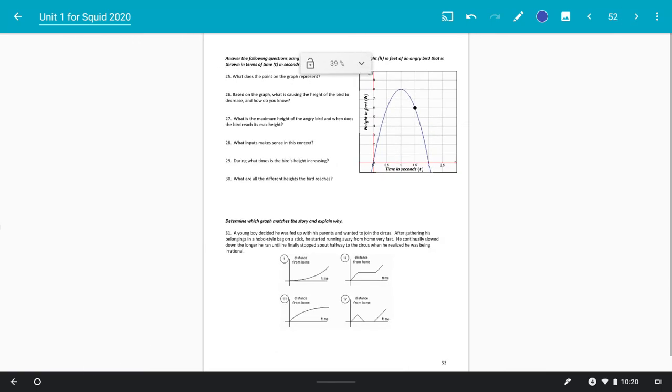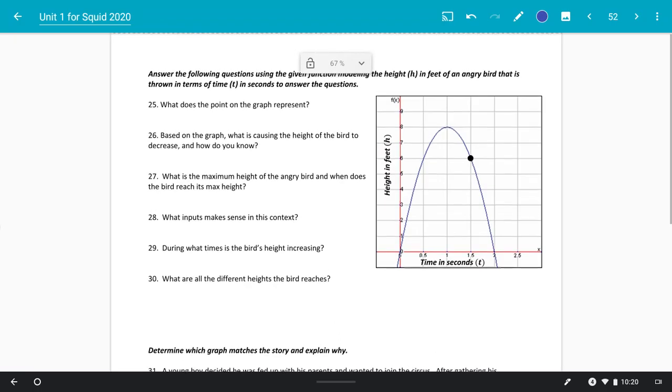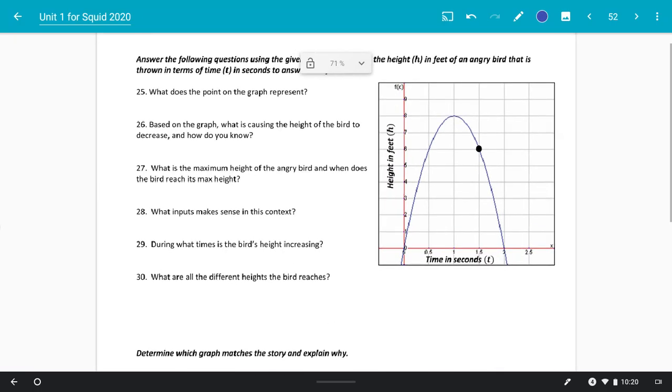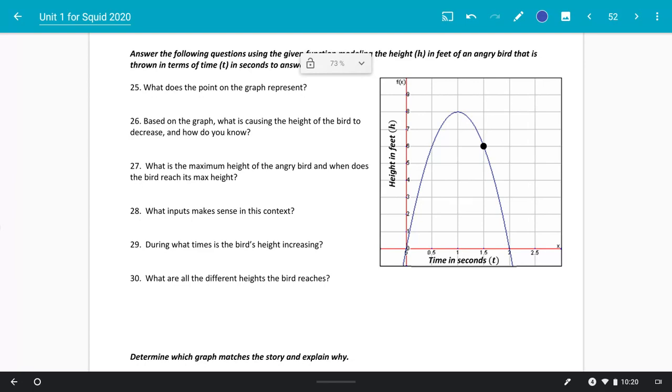Last page. We did not have to do 31 or 32, so these will be my last few problems here. Answer the following questions. Given the function modeling the height in feet of the angry bird that is thrown, in terms of time. So we got an angry bird flying through the air. All right, what does the point on the graph represent? We're talking about this point right here.